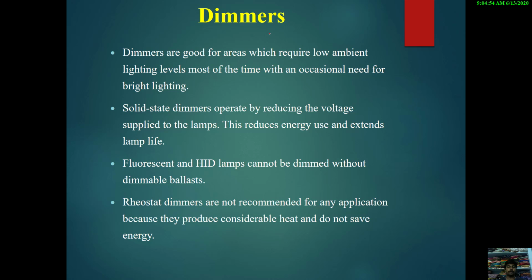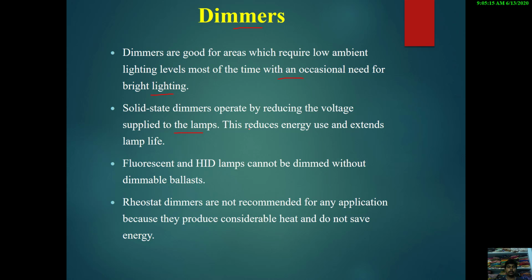The next is dimmers. Dimmers are good for areas which require low ambient lighting levels most of the time, with an occasional need for bright lighting. Solid state dimmers operate by reducing the voltage supplied to the lamps.